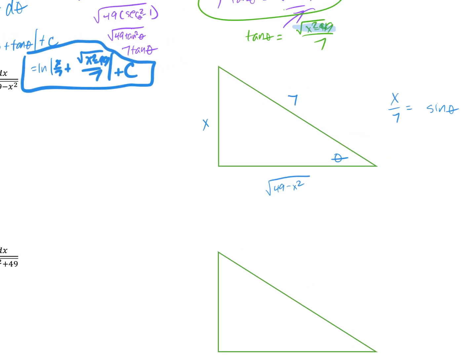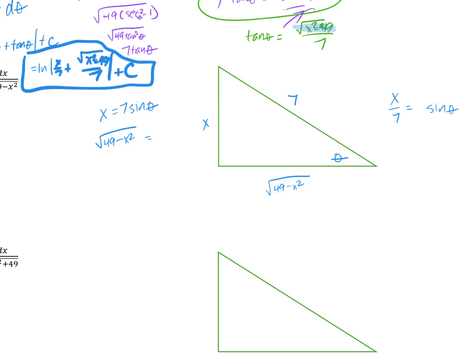again, I'm going to rewrite. So x over 7 equals sine theta is the same thing as saying x is equal to 7 sine theta. What can we say about the square root of 49 minus x squared? I'm going to relate it back to the 7.